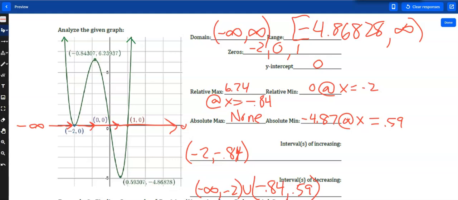And from 0.59 to infinity, we got everything going up, up, up, up, up.